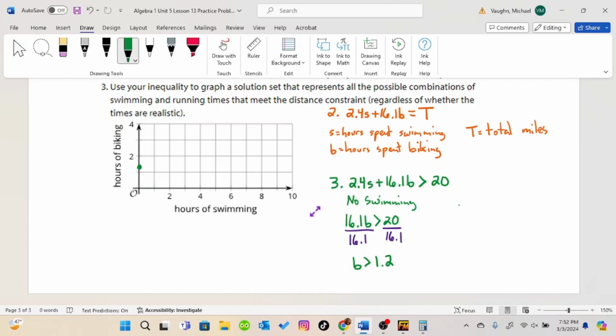Now we're going to say no biking. We put 0 in for B, 16.1 times 0 is 0. So now we have 2.4s is greater than 20. To get s by itself, we're going to divide both sides by 2.4.